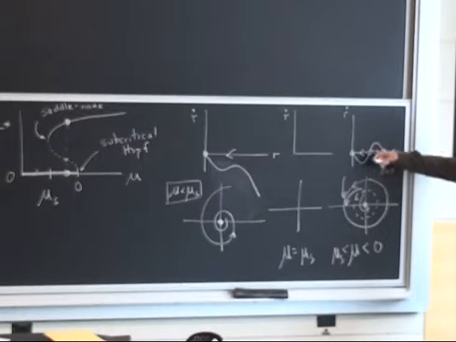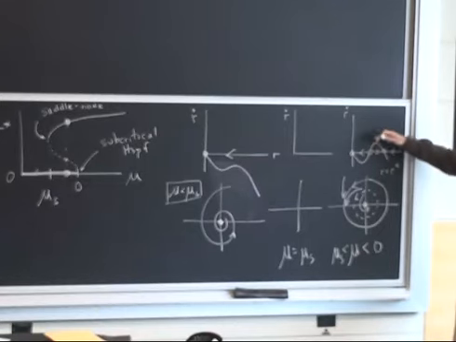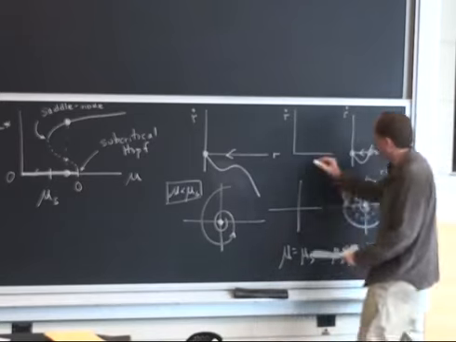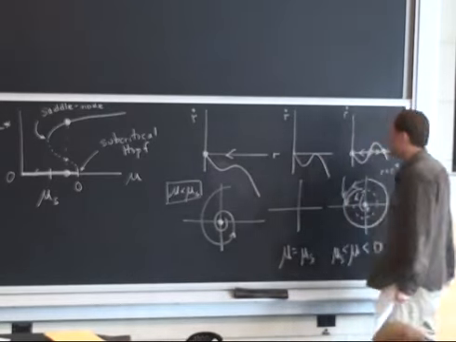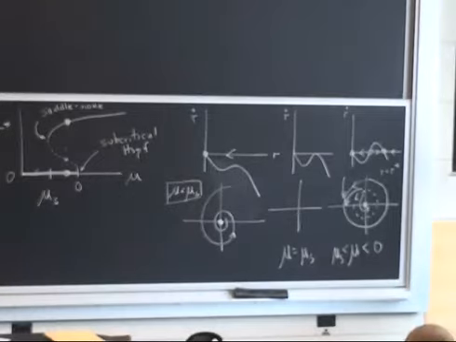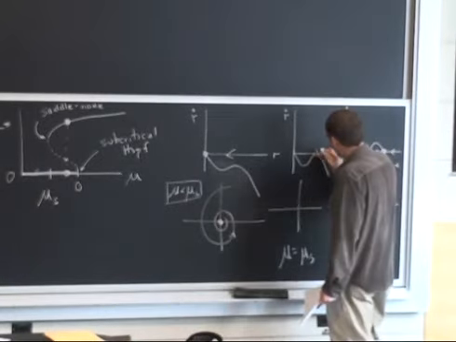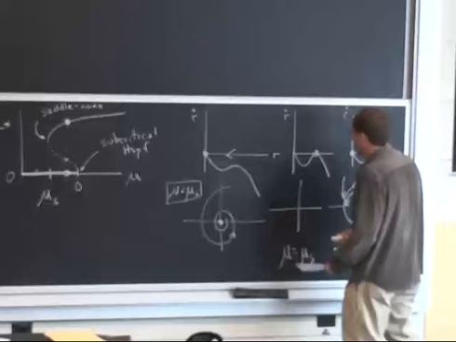Now, you can see what's happening as we move, say, this direction, decreasing mu, is that this max is being pulled down, and at some point it will just become tangent to the axis. So we'll have something like this. And when that occurs, then we have this saddle node bifurcation happening here.